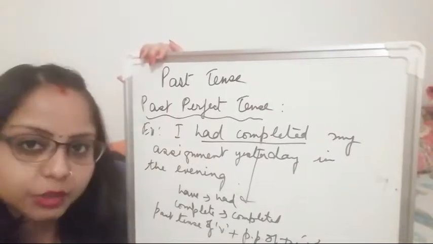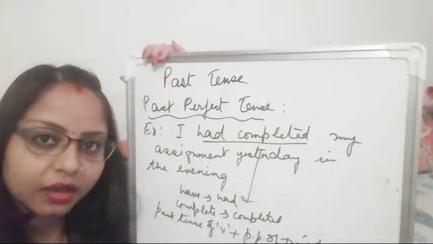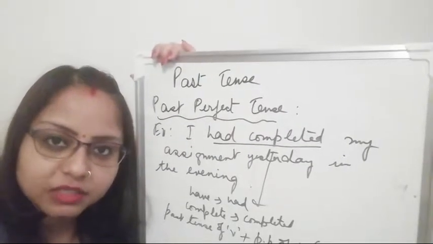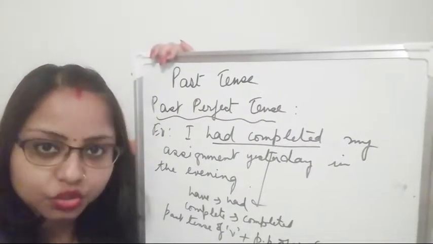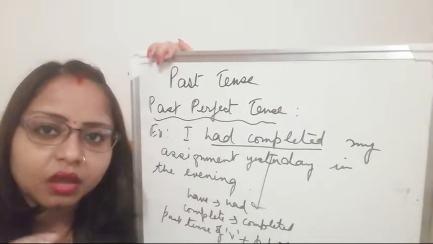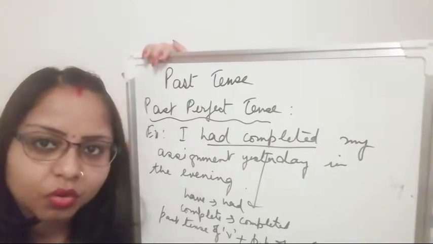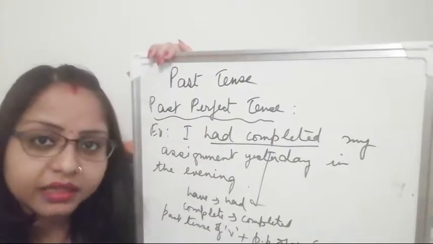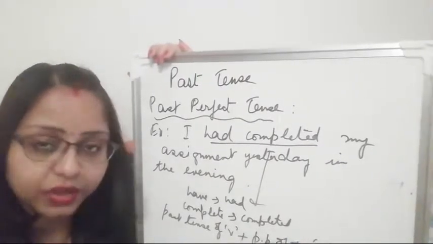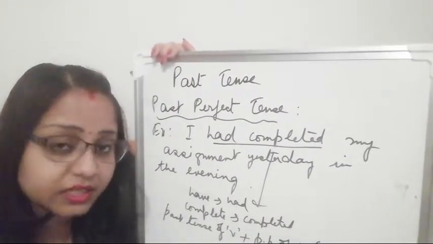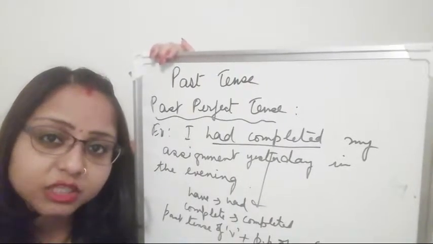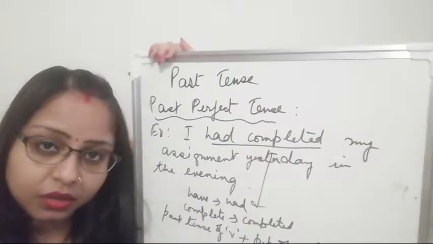I repeat, past perfect tense is the tense which signifies an action which was going on in the past for a certain period of time. It was not continuous. In the past, it had been completed earlier, and then it had stopped. It did not continue. In the past it was completed. So that is why it is the past perfect tense.